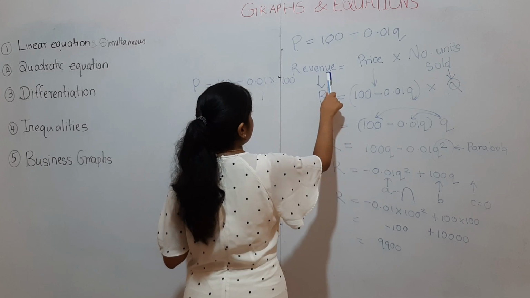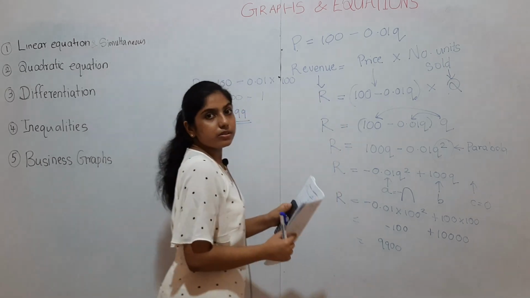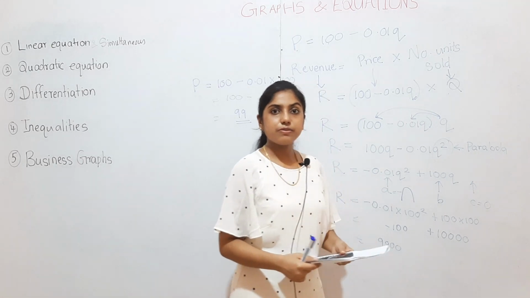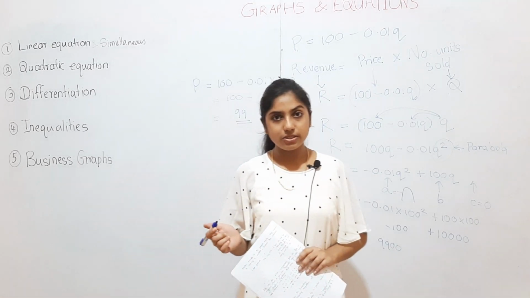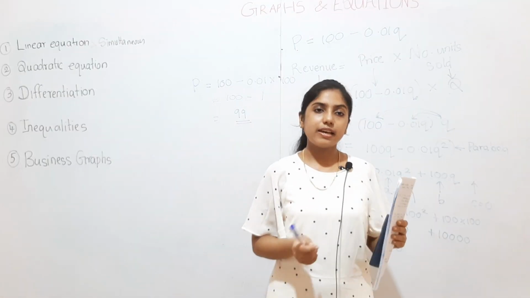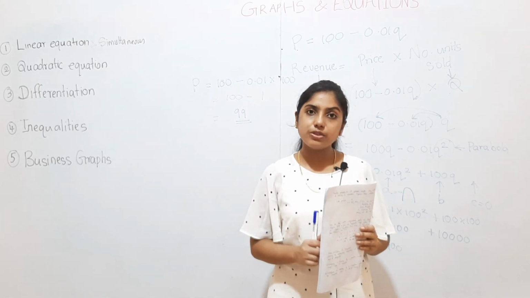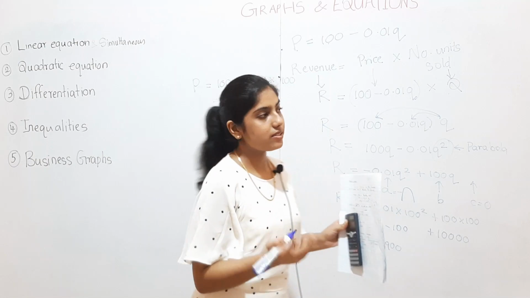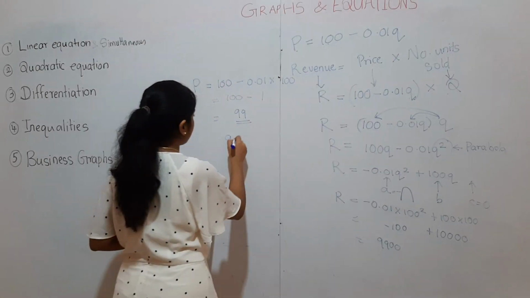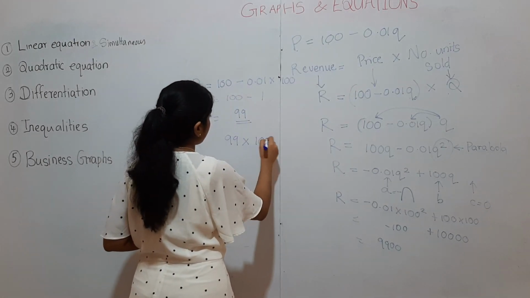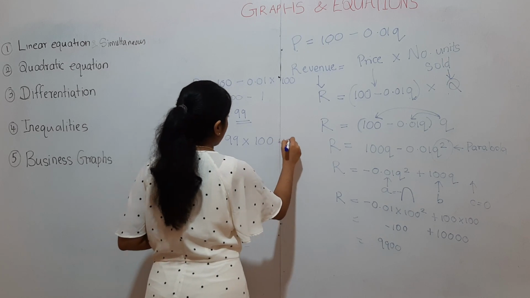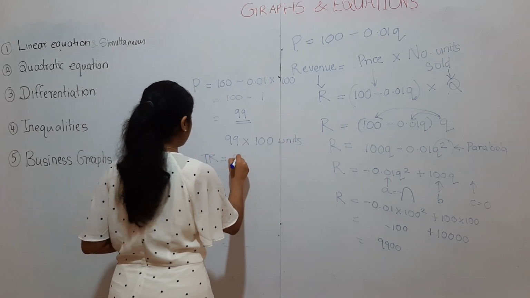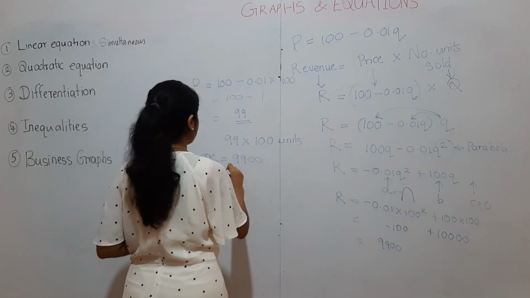Then we know revenue is equal to selling price multiplied by the number of units. If the selling price is 99 rupees and they have asked for 100 units, you can straight away multiply 99 by 100 units. That will give you the same answer for total revenue of 9,900 rupees.